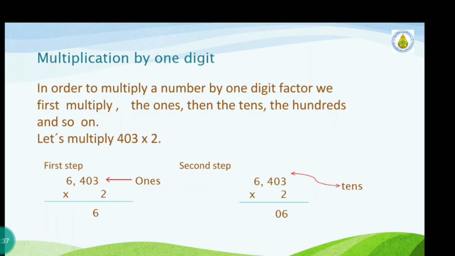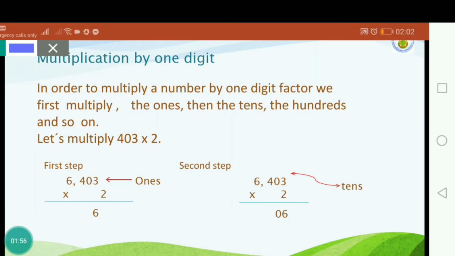Let's learn about multiplication by one digit, or how we are going to multiply numbers by one digit. In order to multiply a number by a one digit factor, we need to multiply, if you still remember, our place values that we learned before: ones, tens, hundreds, thousands, and 10,000s.